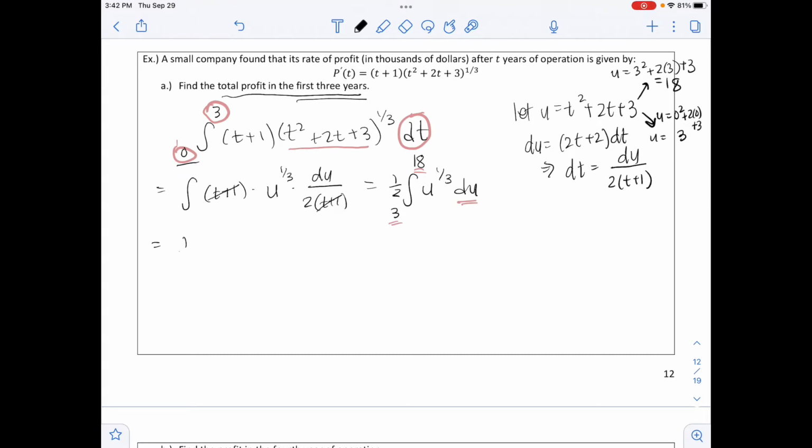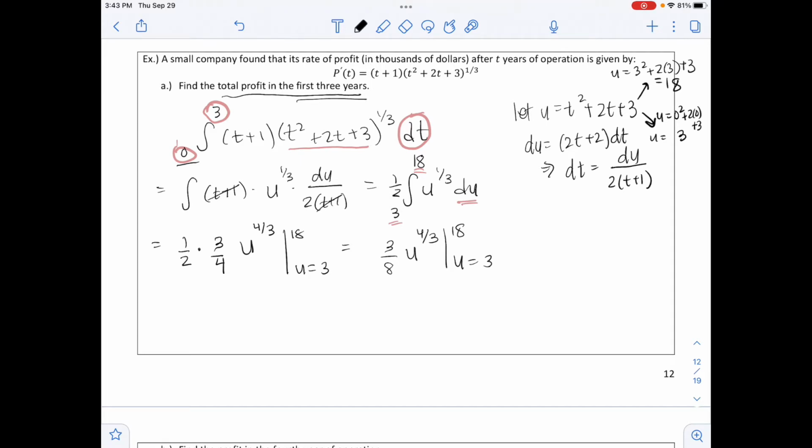So from here you have a 1/2 times, we're going to add 1 to our exponent, so we get 4 over 3. You can either divide by this or multiply by the reciprocal, which would be 3/4. And we'll evaluate this from u is equal to 3 to 18. So from here, this simplifies to 3 over 8, u to the 4/3, and again evaluating this from u equals 3 to 18.